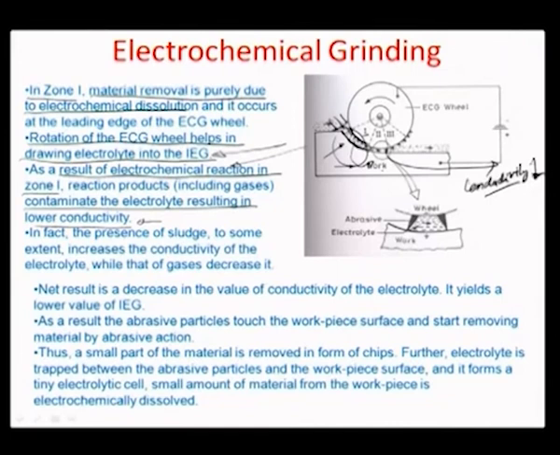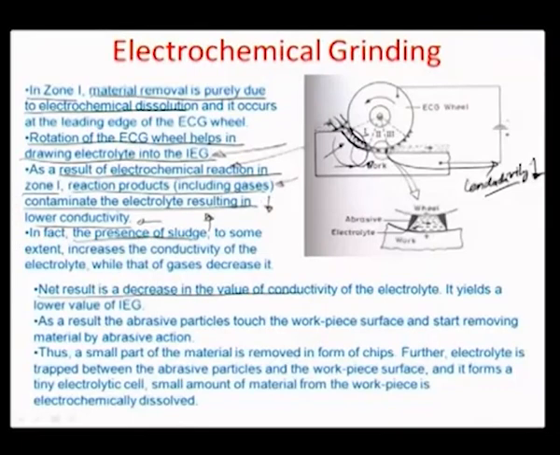In fact, there is a counter effect. If sludge or debris is present, the conductivity goes up, and if gaseous products of the reactions are present, the conductivity goes down. So, one is exactly counter to the other. If sludge is more, then the conductivity is higher. If gases are more, the conductivity is lower.